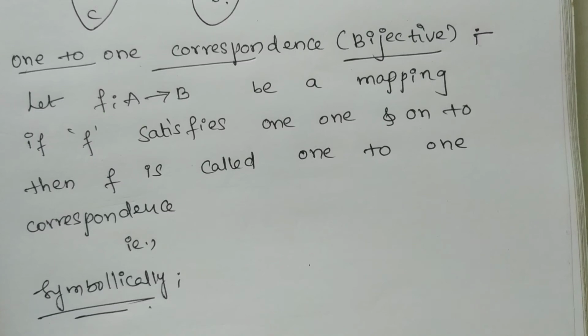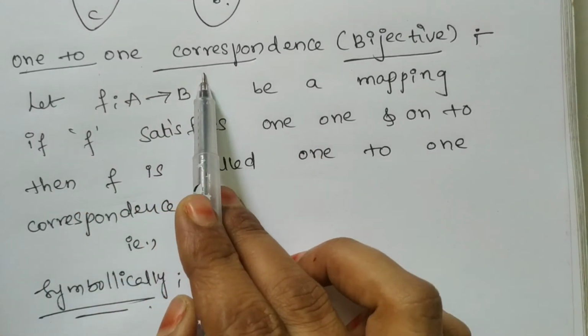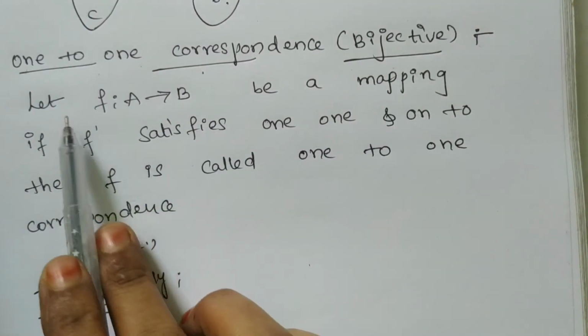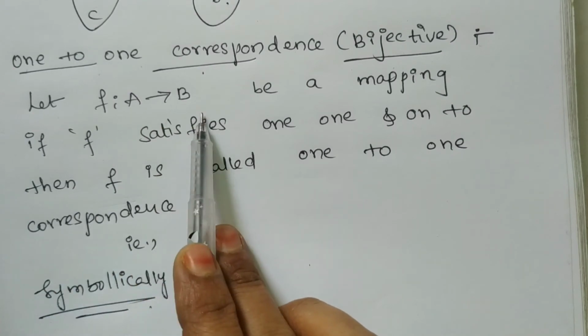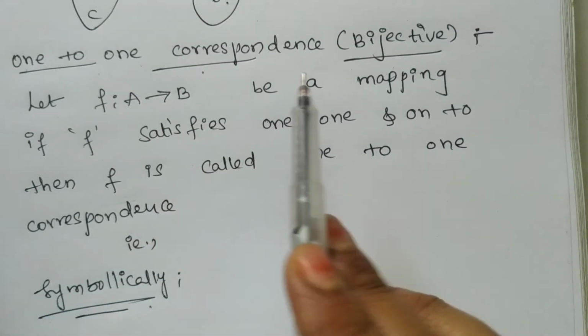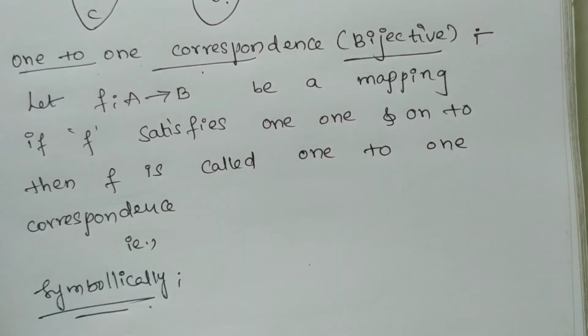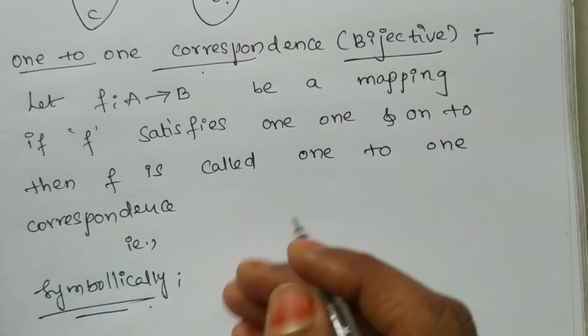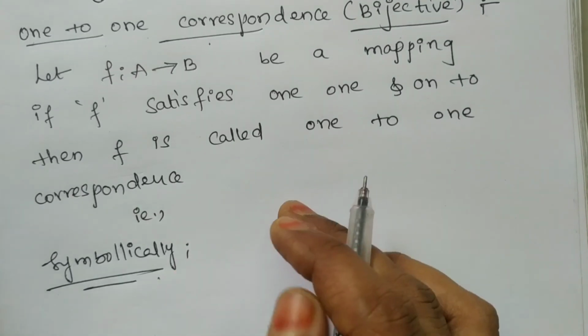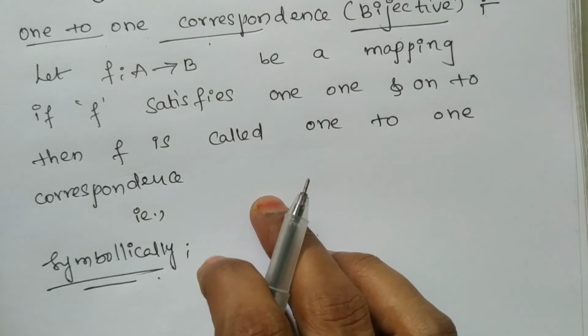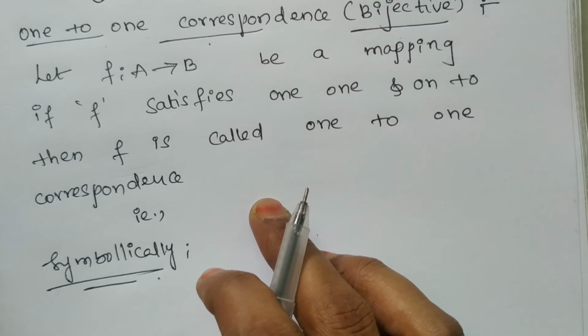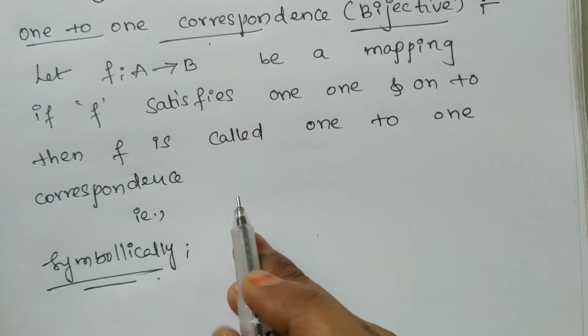So next one is one-to-one correspondence, or bijective. If f is a mapping from A to B, and if f satisfies both one-to-one and onto functions, then f is called a one-to-one correspondence.